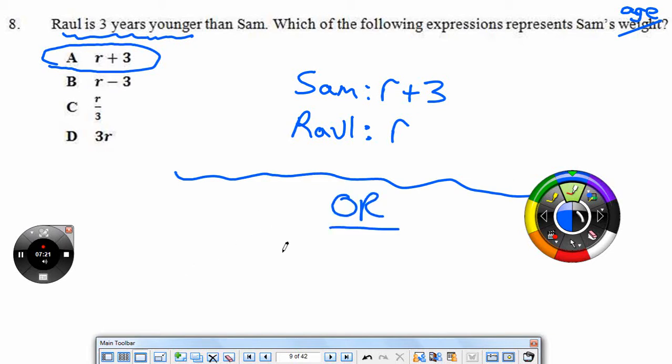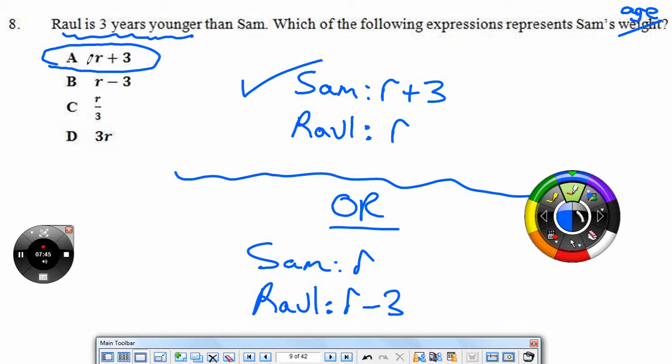You could say that Sam was R, and then Raul would be 3 years younger than that, so Raul would be R minus 3. But since they're looking for an expression for Sam's age, Sam's either R plus 3 or Sam's R, and it's neither of these, and so that's why I'm figuring that we're going with this route. Okay.